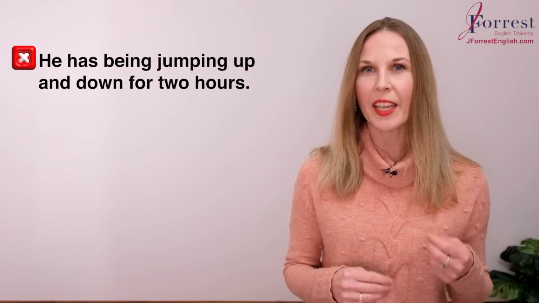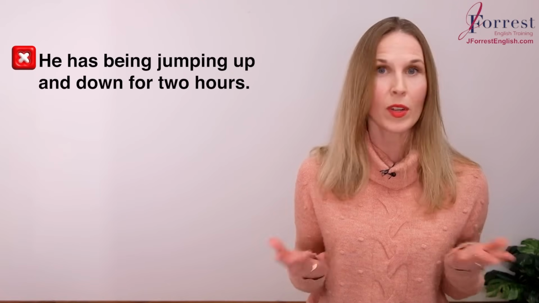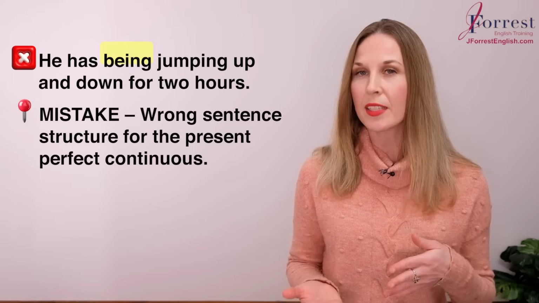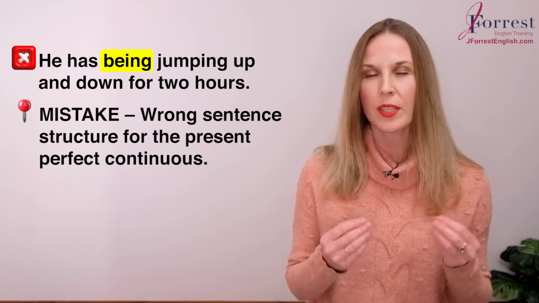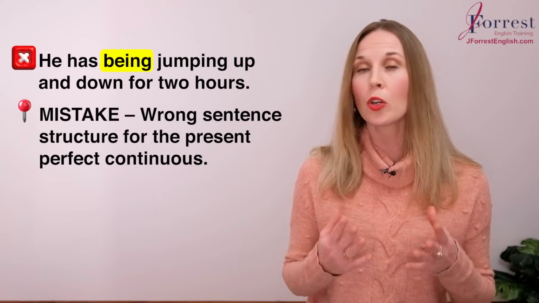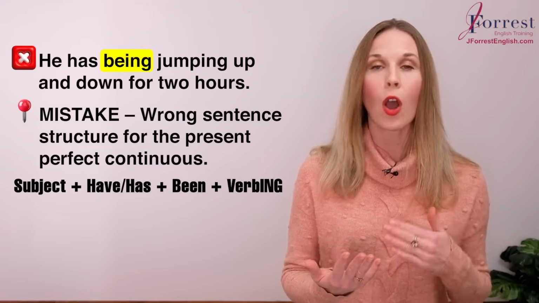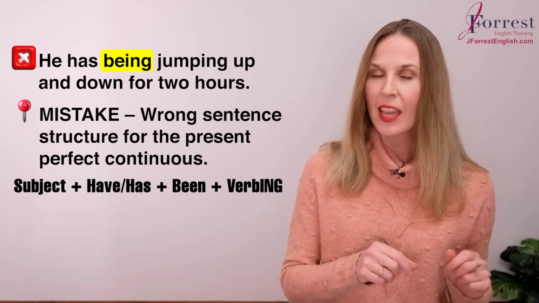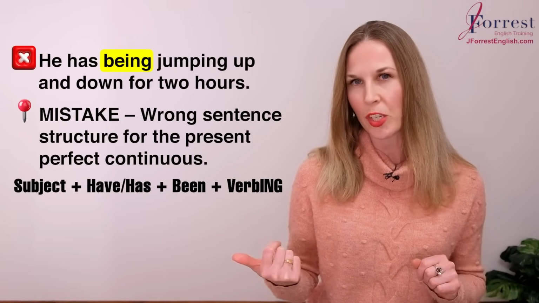Let's review this sentence. He has been jumping up and down for 2 hours. What's the mistake? This student wanted to use the present perfect continuous, but they didn't form it properly. So it's the incorrect structure. The correct structure is subject, have or has conjugated with the subject, which this student did, and then been, and then the verb in ing.